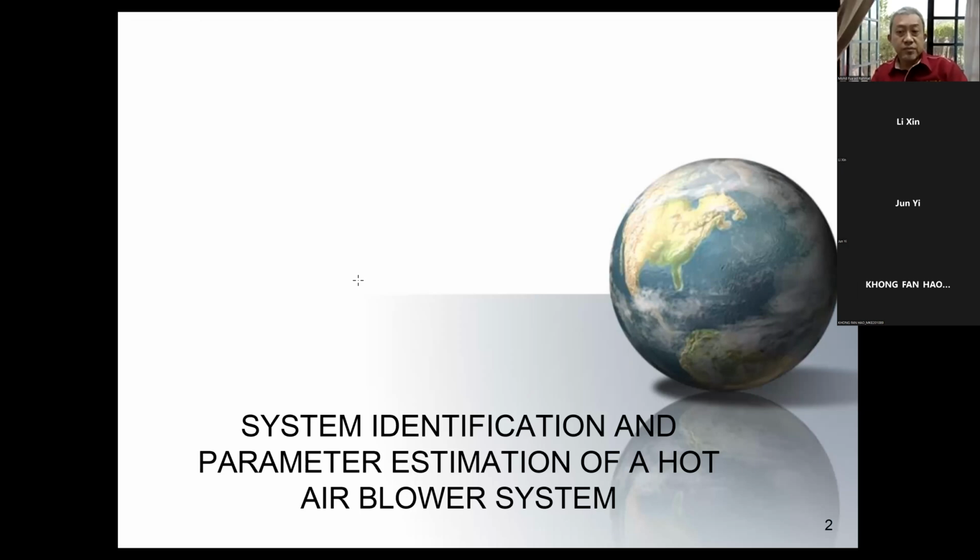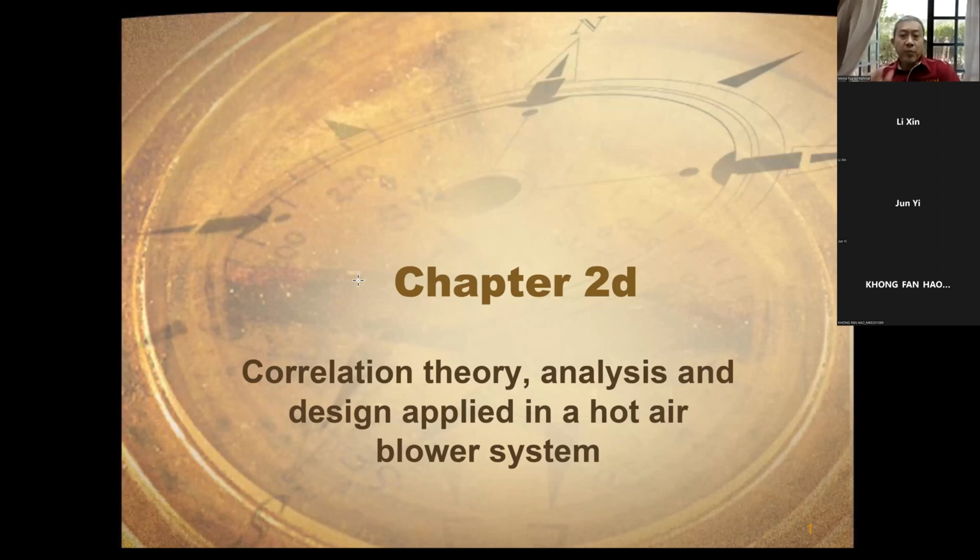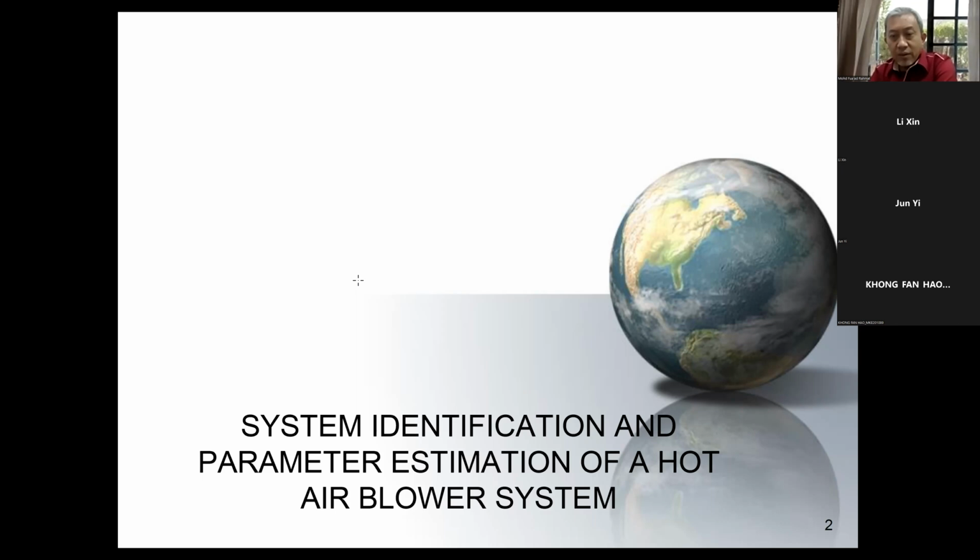So it's a case study of the real experiment on the correlations theory, analysis, and design in a hot air blower system. The system under study is the hot air blower system, which is shown here.